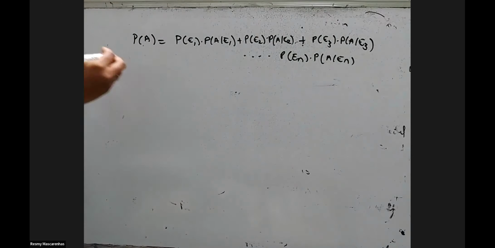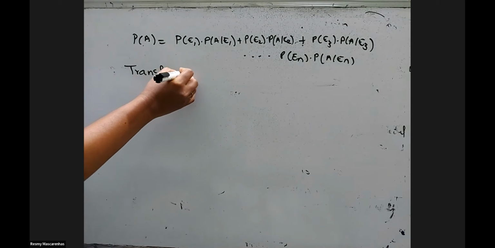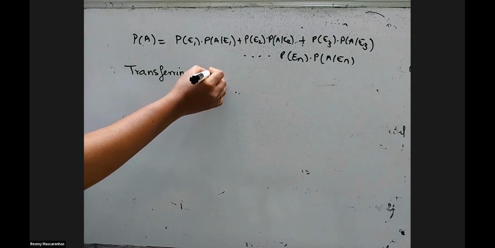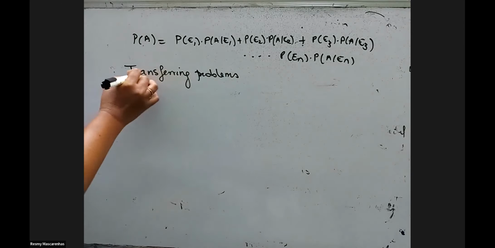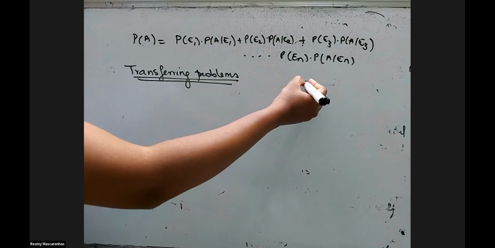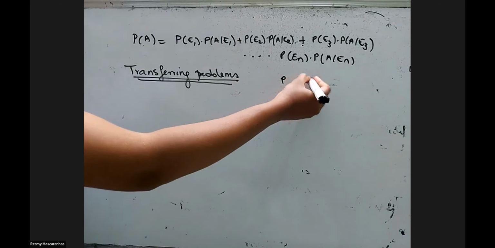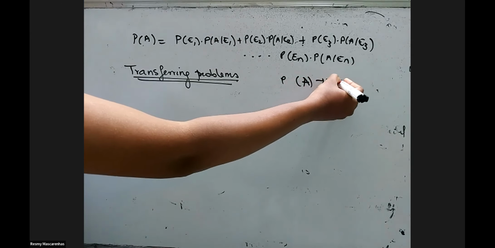So now we are solving a transferring problem. The sequence which I told you in yesterday's class remains the same. First you write the main event, that is P of A, the probability of the main event.